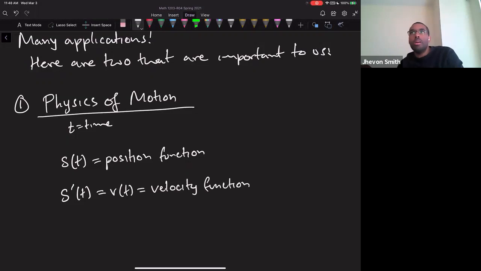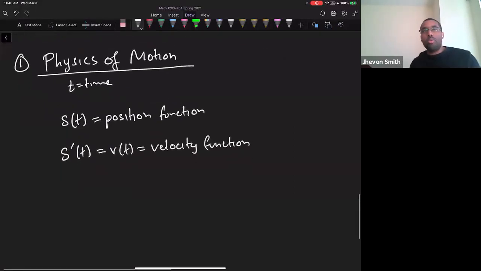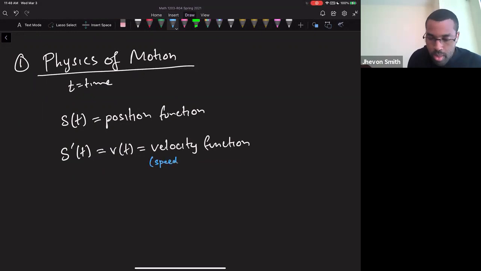Velocity is speed, but it's speed in such a way that you can tell what direction you're moving in. So with velocity, for us, there's usually going to be only two directions. So a positive velocity value might mean moving to the right or upwards, while a negative velocity value would be moving to the left or downwards. So this is speed in a particular direction.